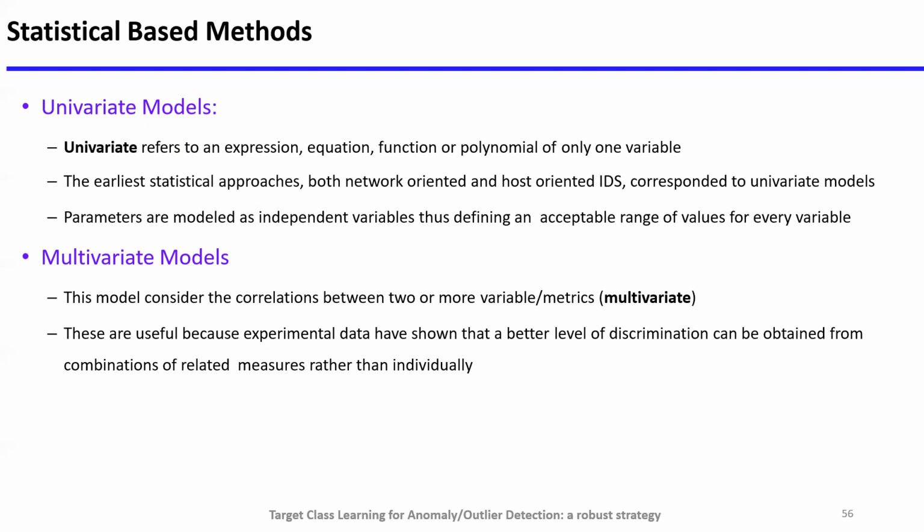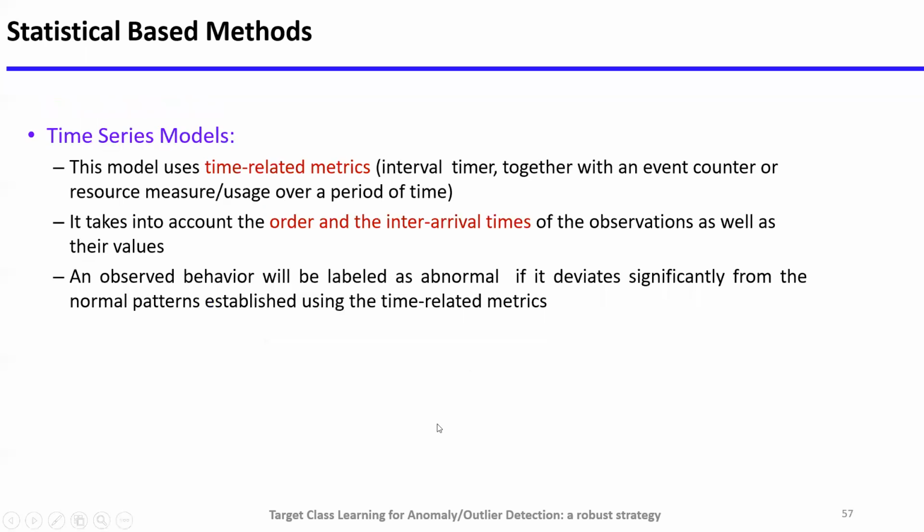Here the parameters are modeled as independent variables, thus defining an acceptable range of values for every variable. The second is the multivariate models. Multivariate models consider the correlation between more than one variable.